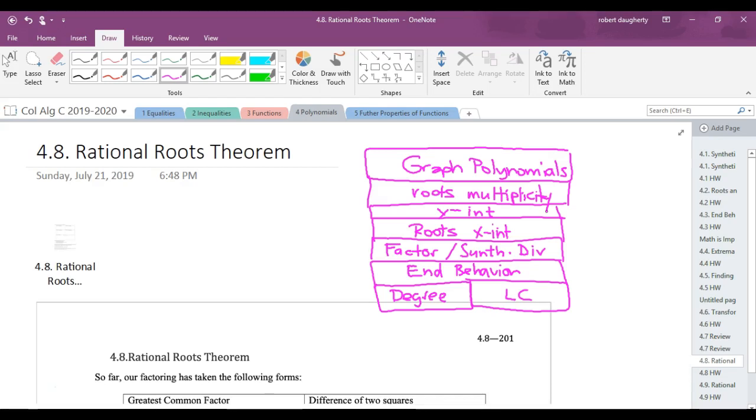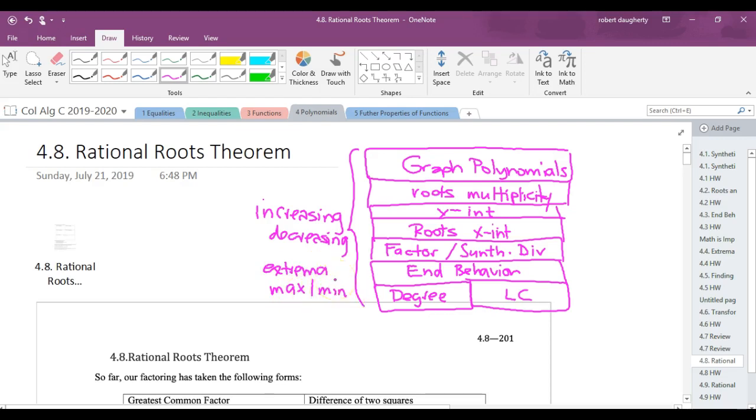Now there's some other things we did along the way, things we've done earlier in the unit. You know, when is something increasing or decreasing? That's something we've done before. We talked about extrema, which is just a fancy word for max and min.